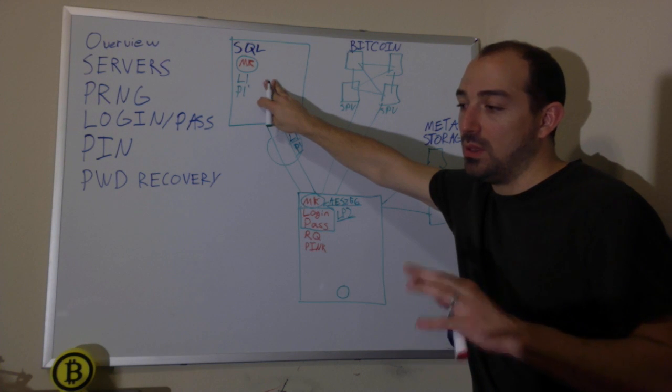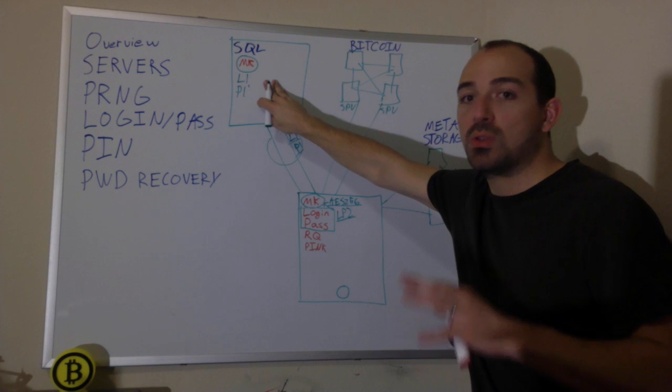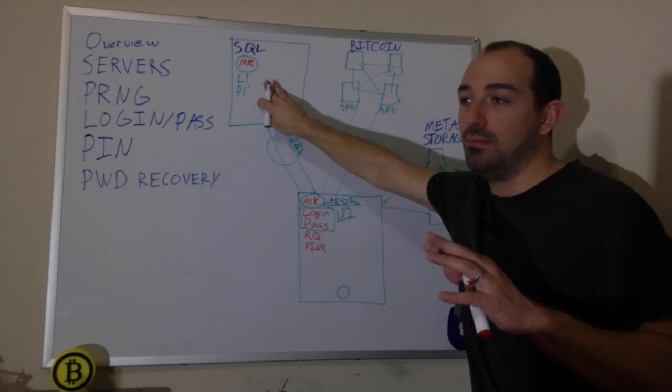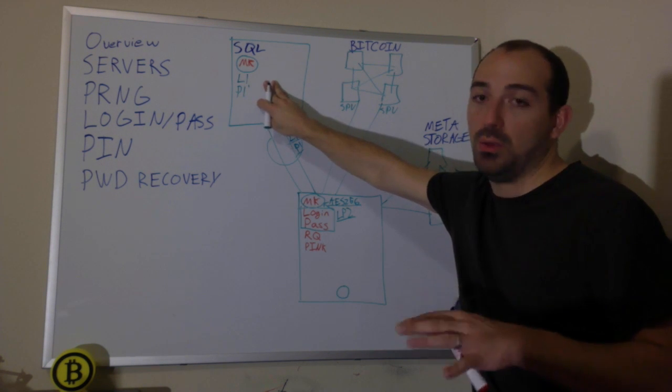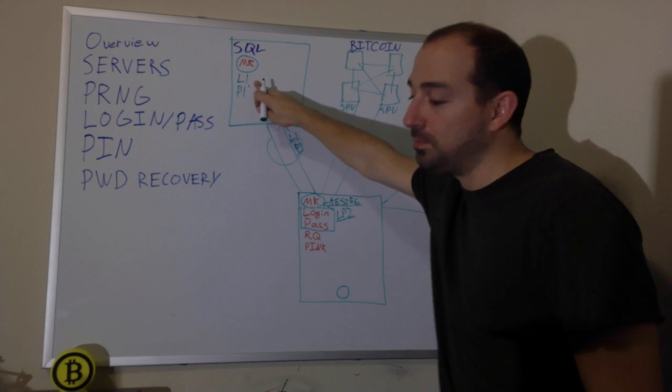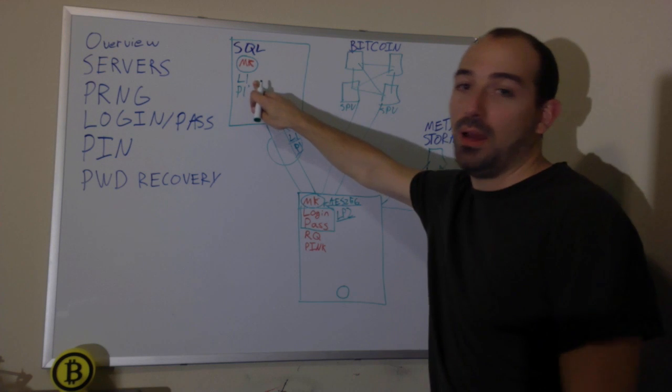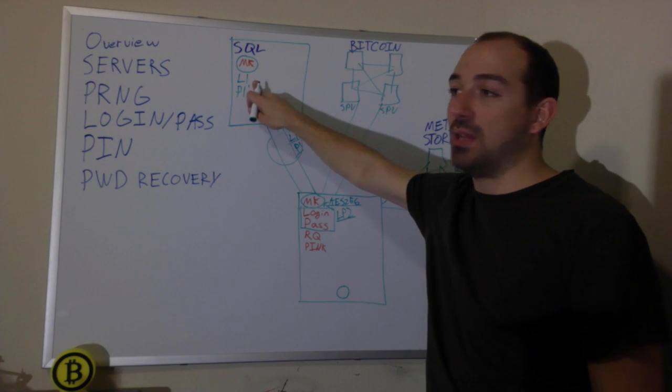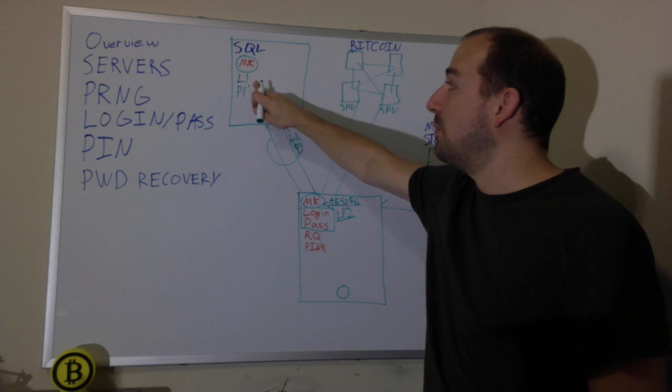I guess even users can still pick really bad usernames and passwords. This is the only problem. So let's say you've got a user and they pick the user test123. That could probably get brute forced.